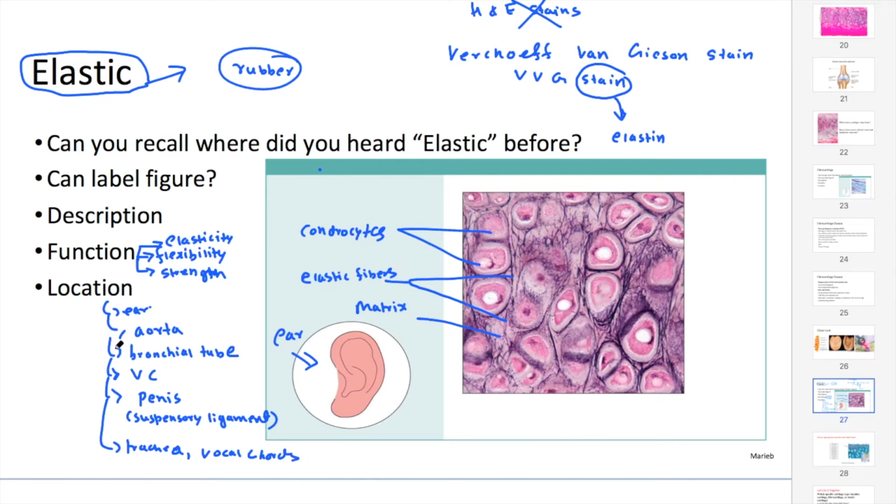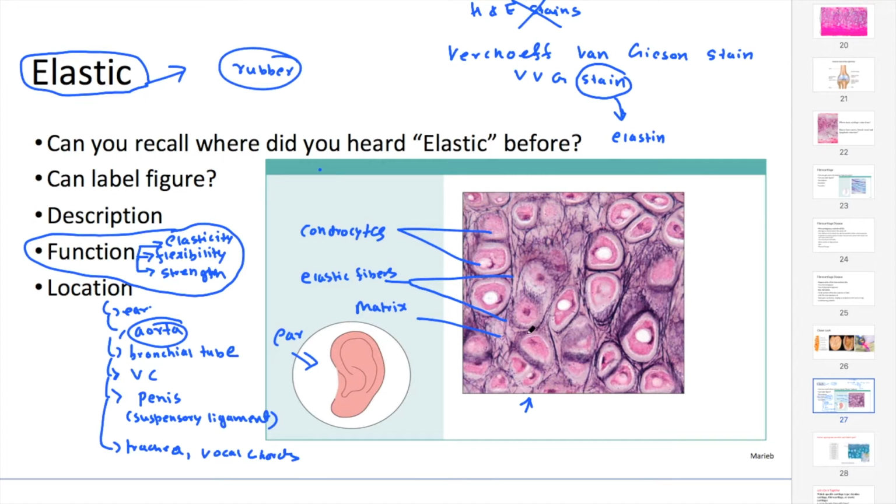So this is a lot. I don't expect you to memorize all of this, but you should know aorta, right? And you should know this function, whatever I just told you: elasticity, flexibility, and strength. What you also should know is that it is usually stained purplish black in color.